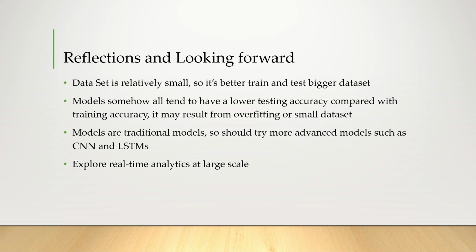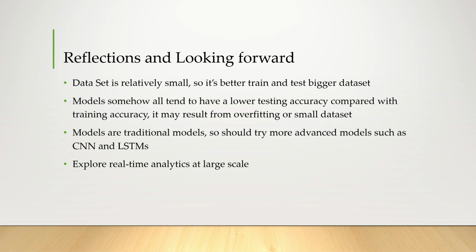One interesting finding is that these four models all tend to have a lower testing accuracy compared with training accuracy. It may result from overfitting or from the small dataset.